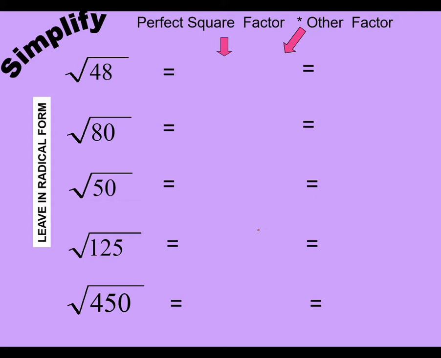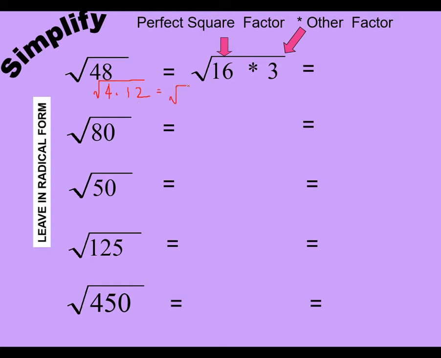No other factor or other perfect nth root other than 1. Next, square root of 48. So, divided by 4. So, pwede. Meron pa ba aside from 4? Yun, 16. So, paano siya nag-come up sa 16 times 3? Kasi ang iisipin nyo agad dyan is 4 times 12. 4 times 12. Diba? Pero yung 12, meron pa kasing factor.